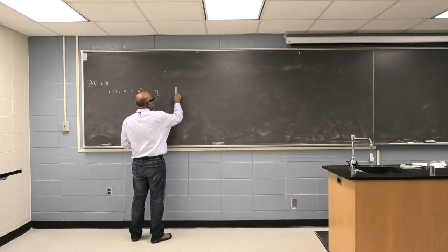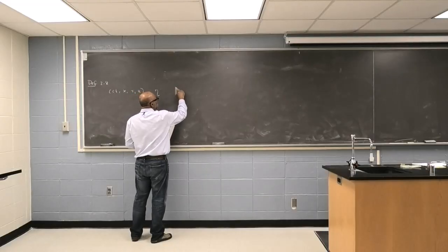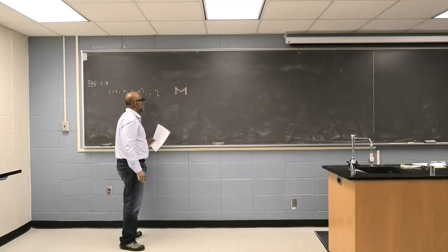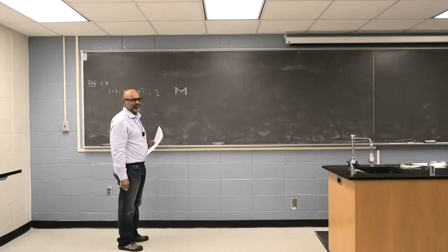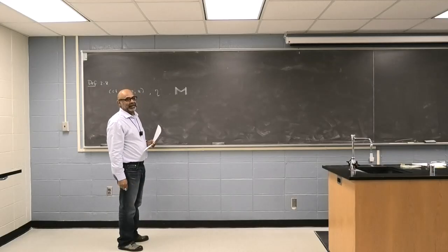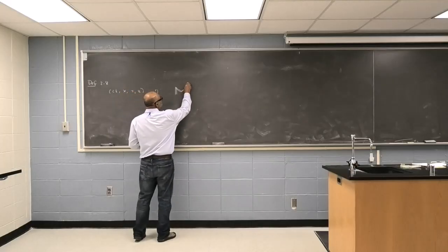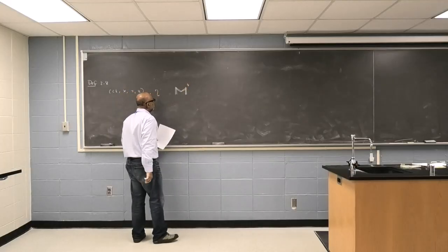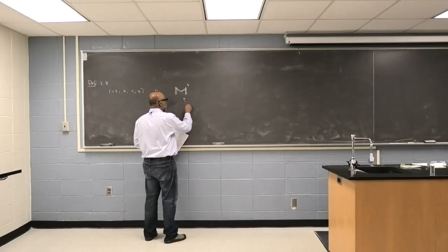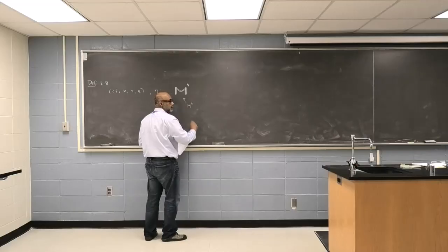So I'll again use my script. It's an M for Minkowski, and I put a 4 on top. But this is the only time I'm going to do it. Very soon it's going to be M4.